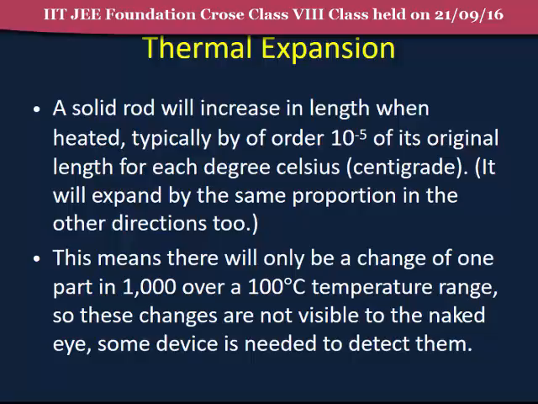Some multipliers depend on the measurement method. So it is not at all visible, a fraction of 1000. In the open eye we cannot see, so we need to detect the length of expansion.